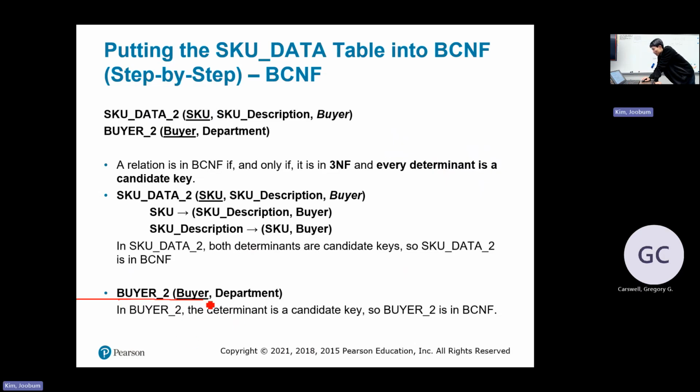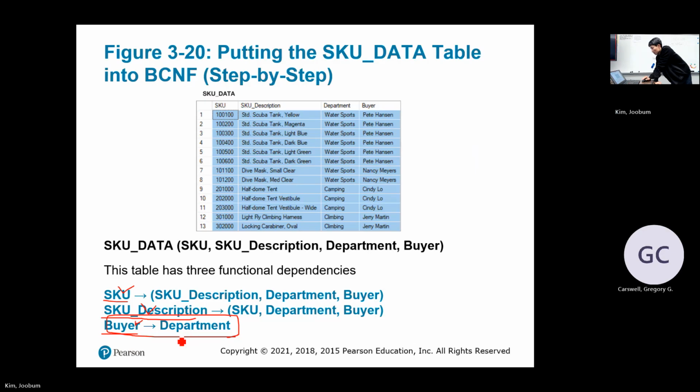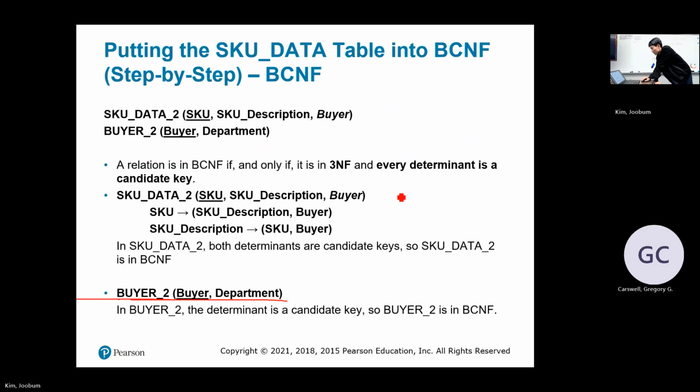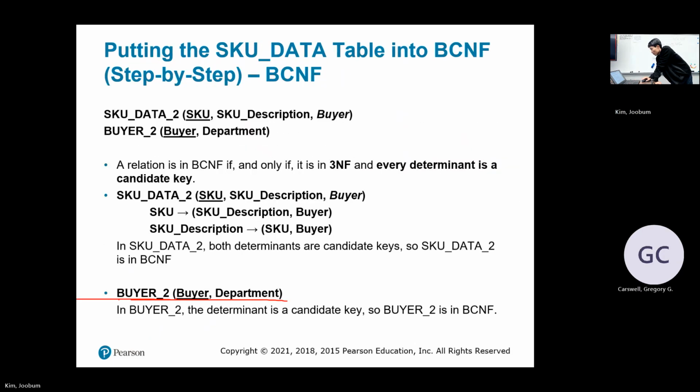Create a new relation with buyer and department. The department from the original is moved to the new table, and buyer remains as a foreign key to connect to the new relation. So the original relation is modified to SKU, description, and buyer. The new buyer table has buyer and department. So this is the foreign key, and this is the primary key.